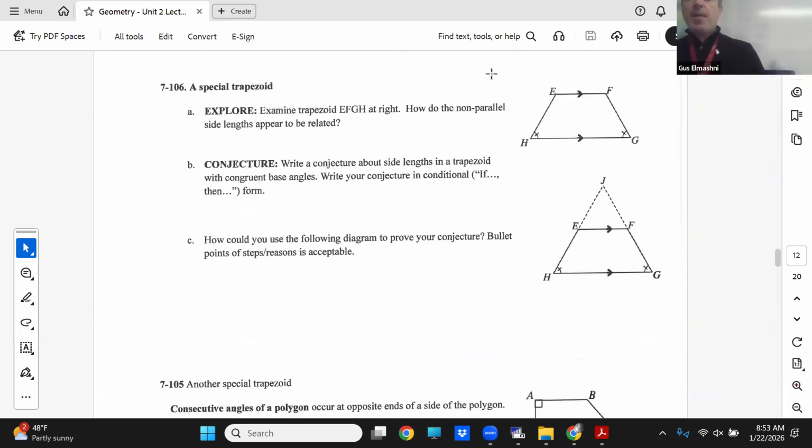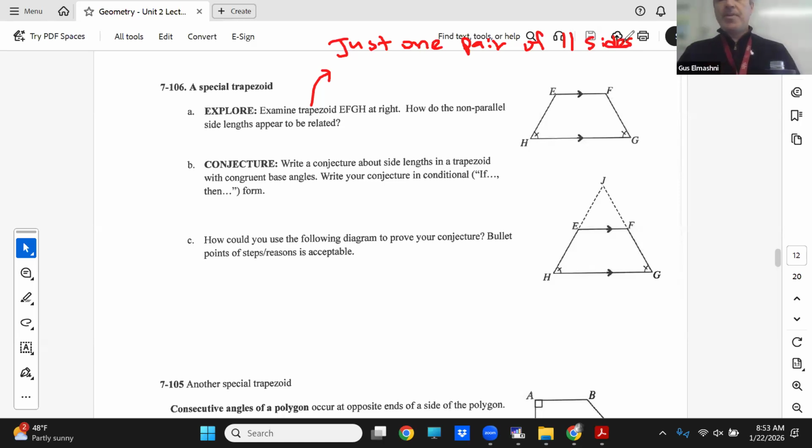Examine trapezoids. Okay, a trapezoid. You might have forgotten, a trapezoid has just one pair of parallel sides.